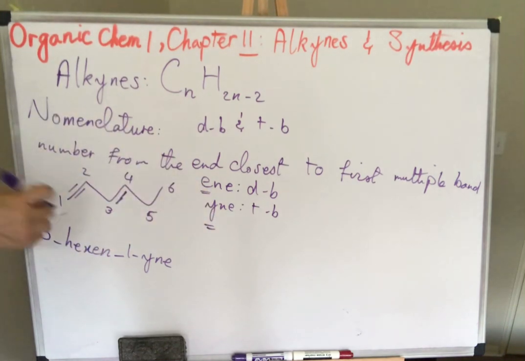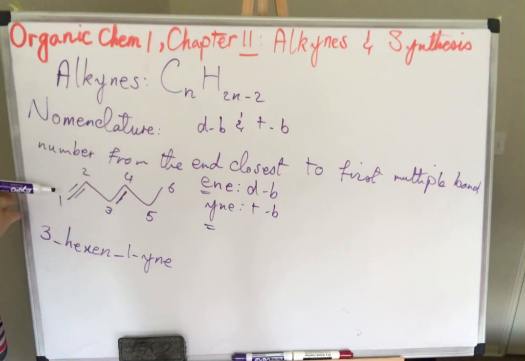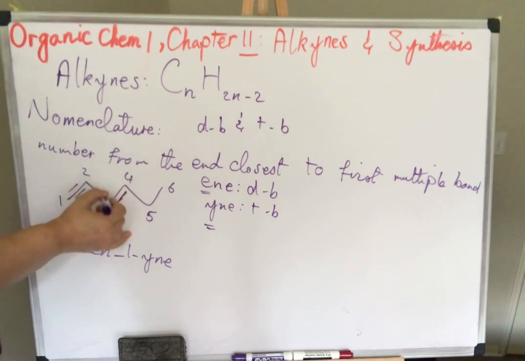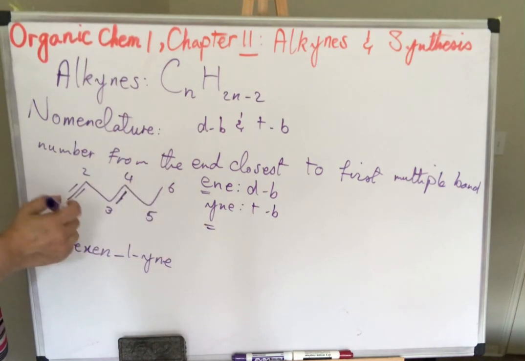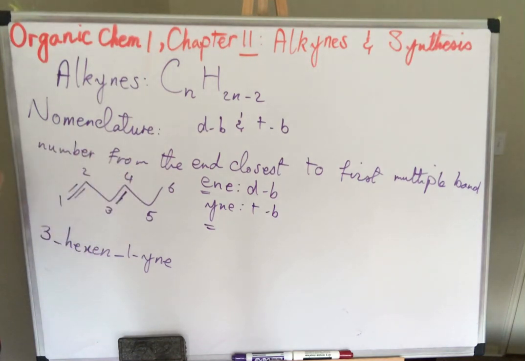So one more time, the rule is number from closest to the first multiple bond, whether it's triple or double. Here we are closer to the triple bond, but don't forget, in naming we always start with the alphabetical order first. So for double bond we have ene, for triple bond we have ine. E comes before Y. So we have to mention the location of the double bond first. Where is it?